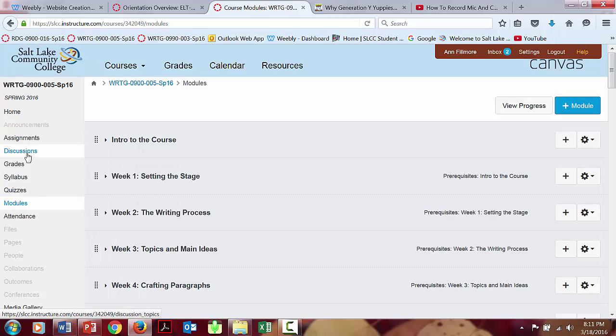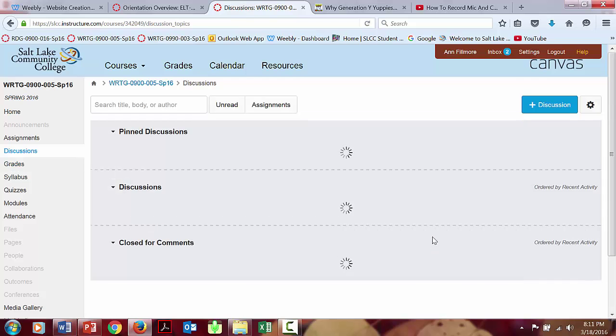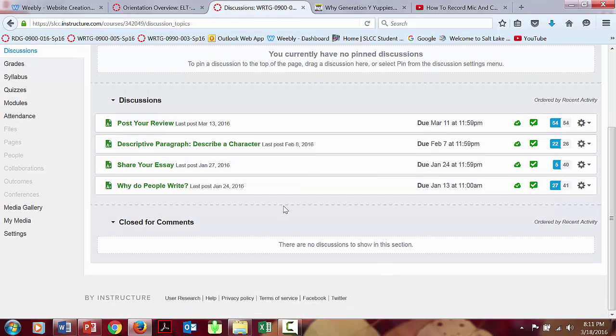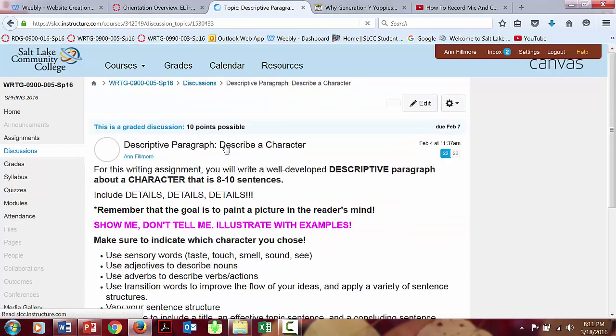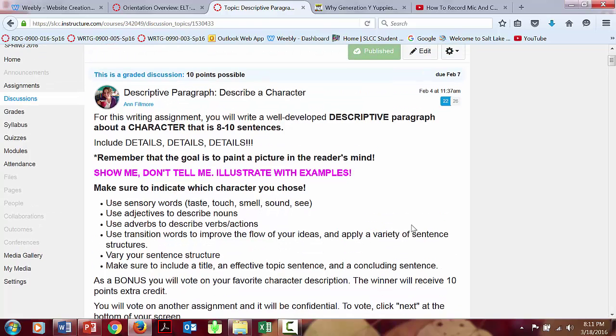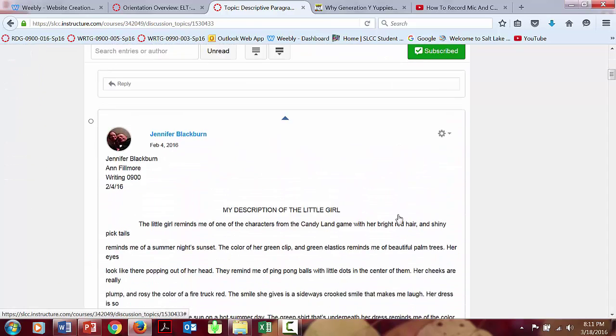I also have some discussion posts as well. I'm trying to use Canvas a lot, to its fullest potential. So let's see. Here's describe a character, and what we did here was with descriptive writing, we had 4 characters the students could choose from.